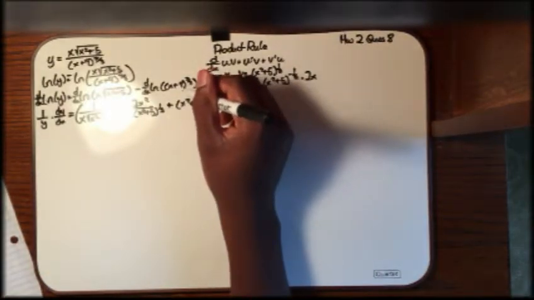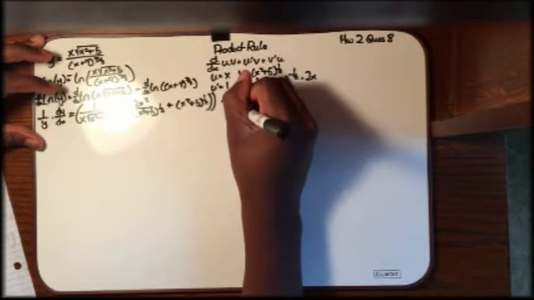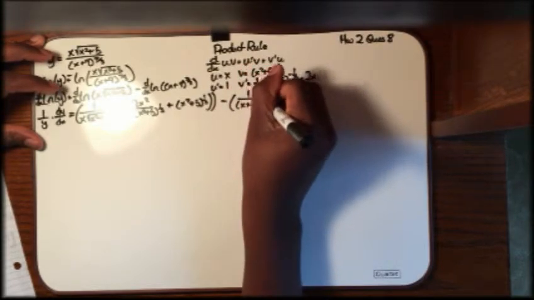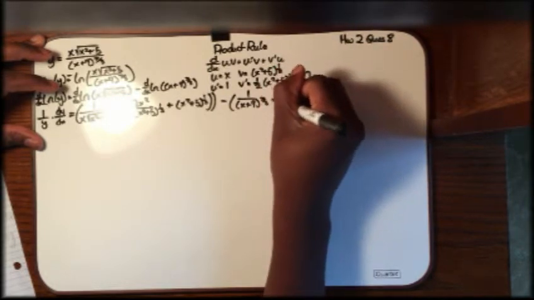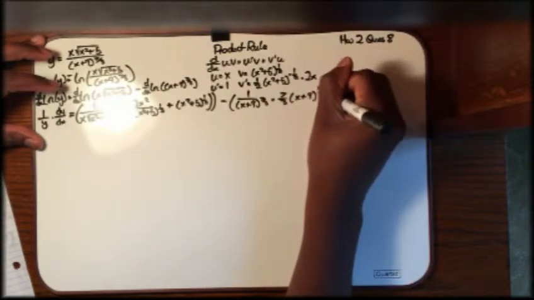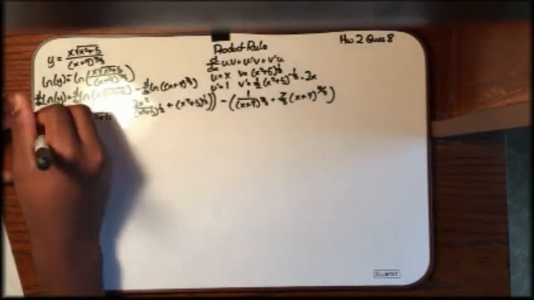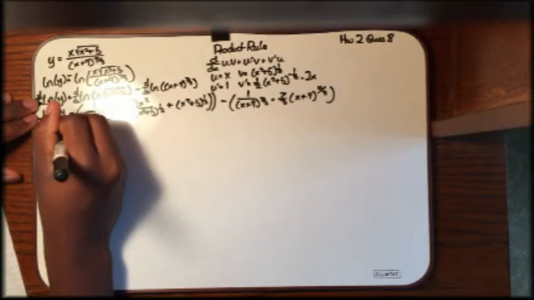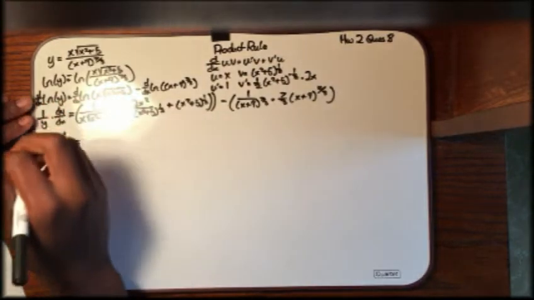That's all one function, and we're going to subtract that by the derivative of natural log of this, and that will go as, again, we'll use the chain rule in here, and it will be 1 over x plus 9 to 7/3 times 7/3, that's x plus 9 to the 4/3 power. That seems really long, doesn't it? We're going to keep on going.